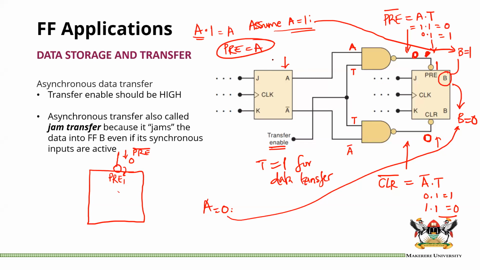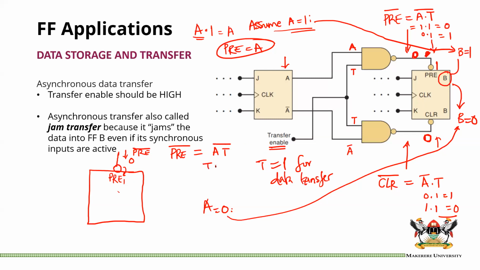It's just that we were looking at the first equation. For you, you have done further analysis, having known that actually T is a 1. What Musa is saying is that since we have pre equal to A and T inverse, because it is an AND gate, so you have inverse.